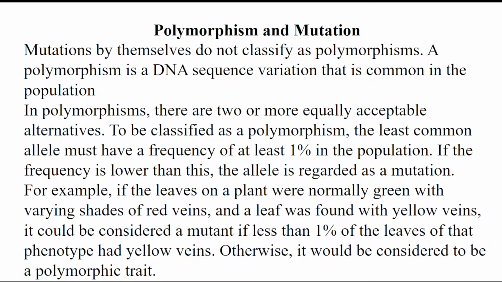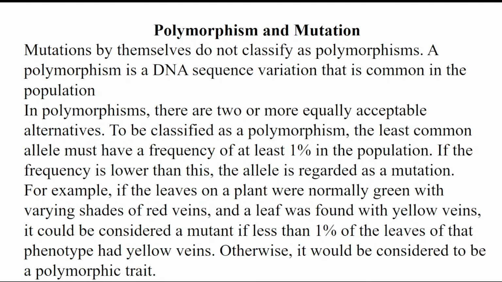So the reason of genetic polymorphism is the population. A polymorphism is a DNA sequence variation which is common in the population. In polymorphism, there are two or more equally acceptable alternatives. To be classified as a polymorphism, the least common allele must have a frequency of at least 1% in the population.